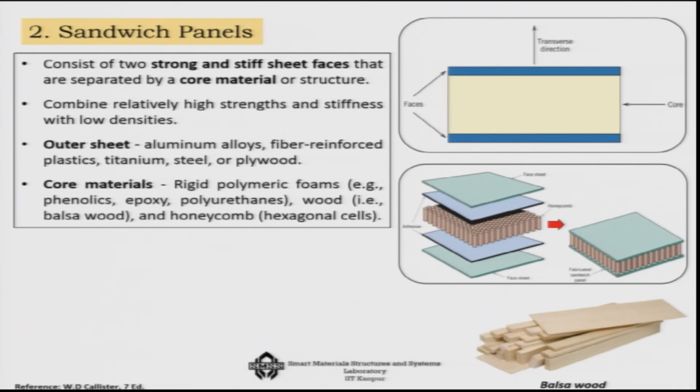Now, the last thing is the sandwich panels. In this case, we have strong and stiff face sheets, and then adhesives and the honeycombs. The honeycombs give the lightness and also keep the face sheets far apart. This is used very much in applications like constrained layer damping, CLD we call it, or ACLD, active constrained layer damping.